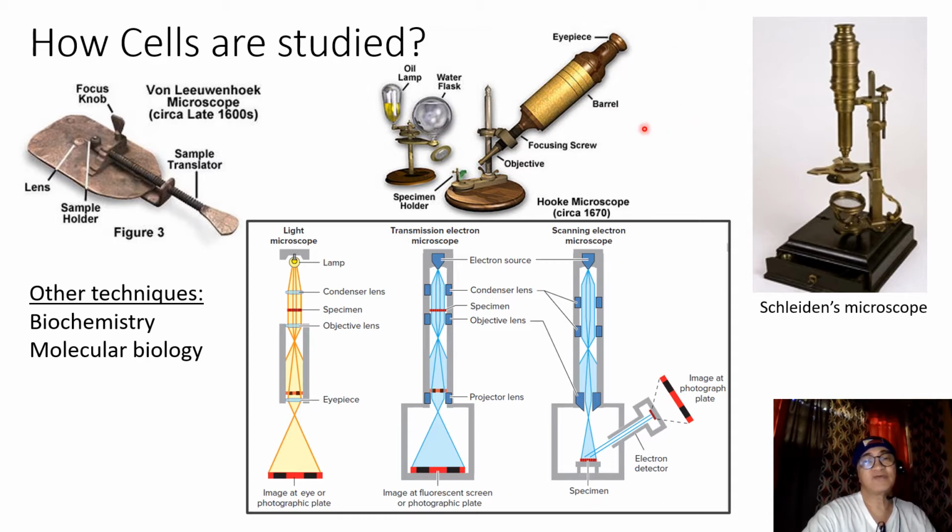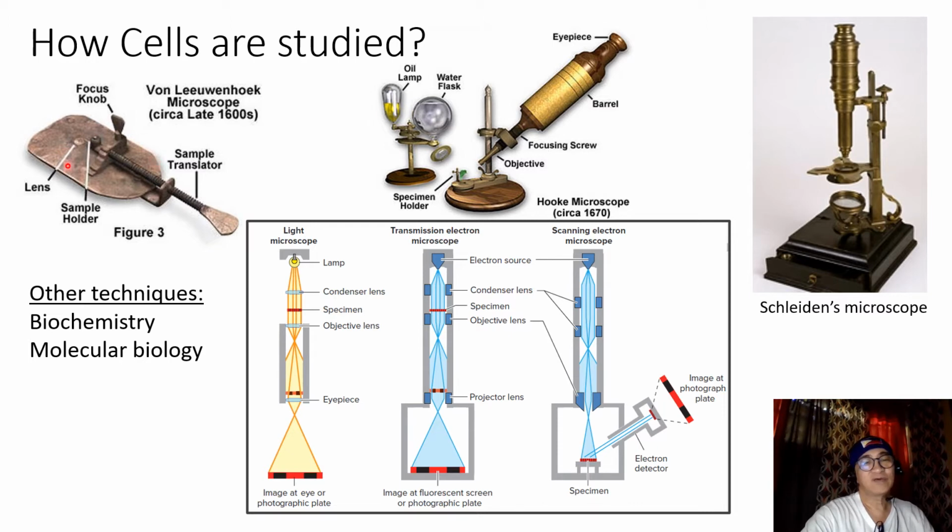Let's just briefly visit some of the images shown in this slide. The paddle-like device shown here was Anton van Leeuwenhoek's ancient microscope. He had to peer through a very tiny lens at the specimen at the back of this board so that he could see the microscopic images.